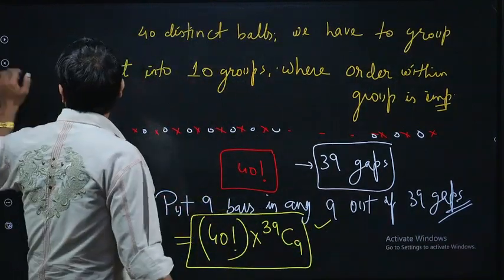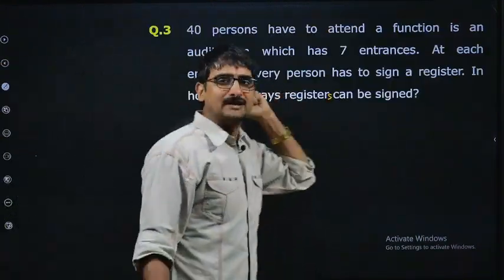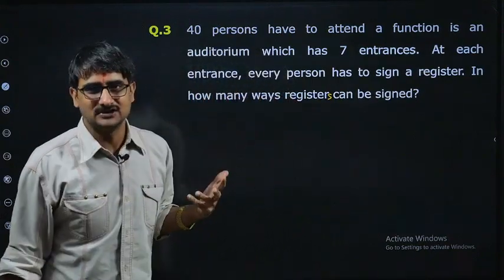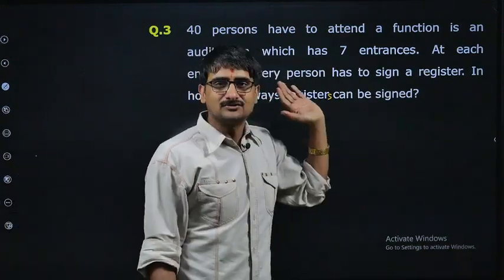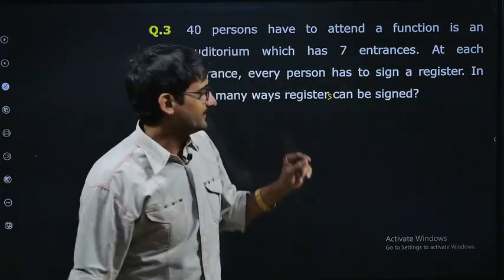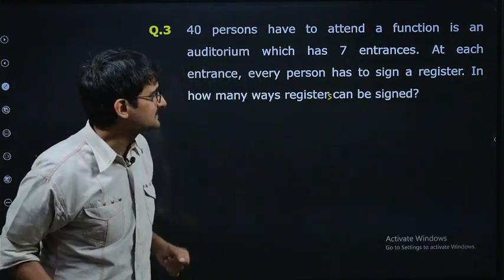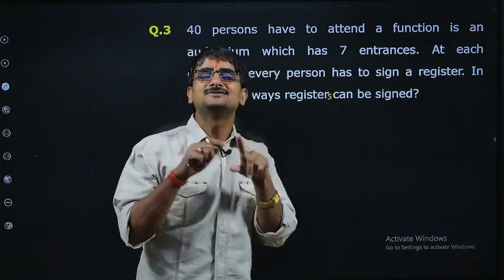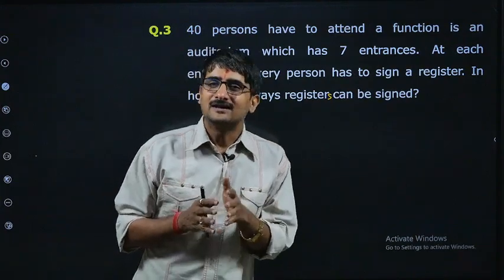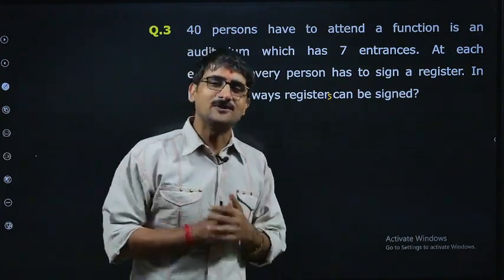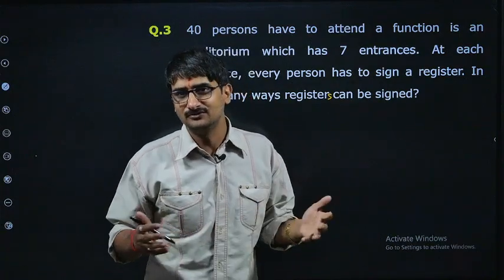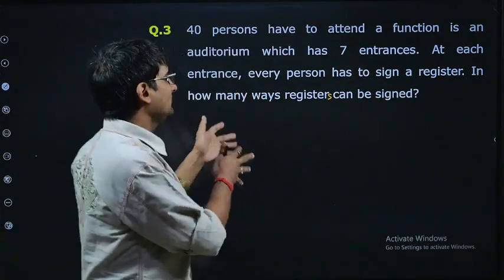So I took that idea from there and framed the question in this way. Just now, while discussing it with you, I realized I should have written here that at least one person has to enter from every entrance, because no group can go empty. So now you know the answer.